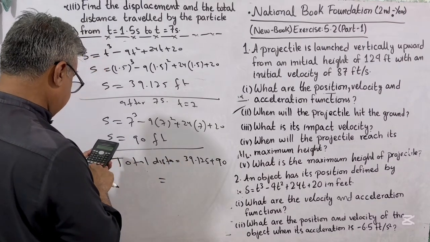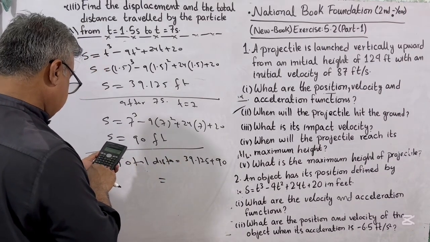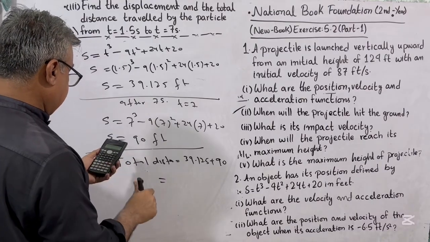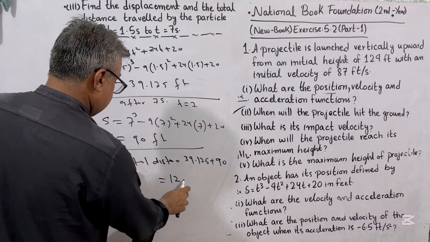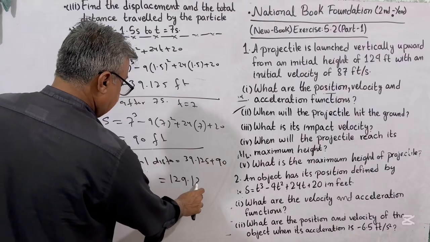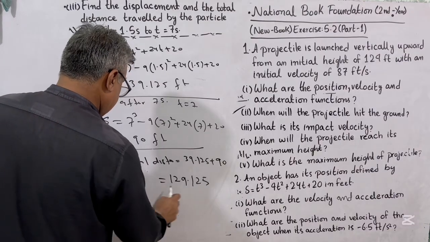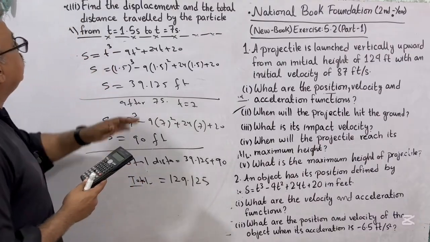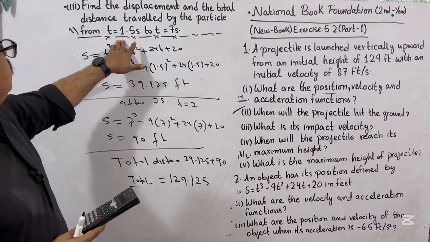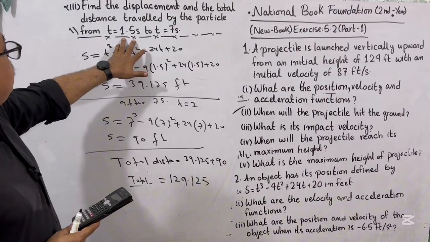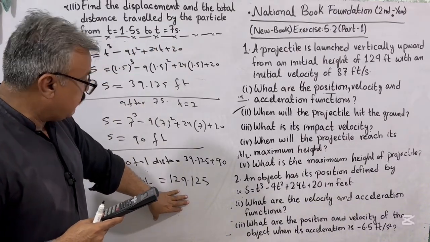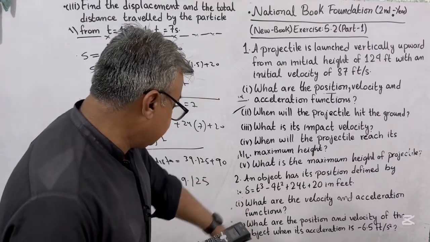Adding them up, we get 129.125 feet approximately, our distance from t is equal to 1.5 to t is equal to 7 seconds. This is the total distance traveled by our object.